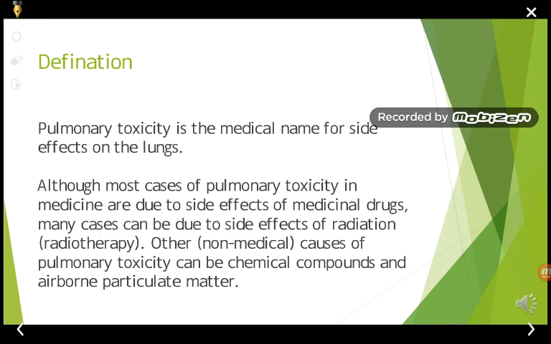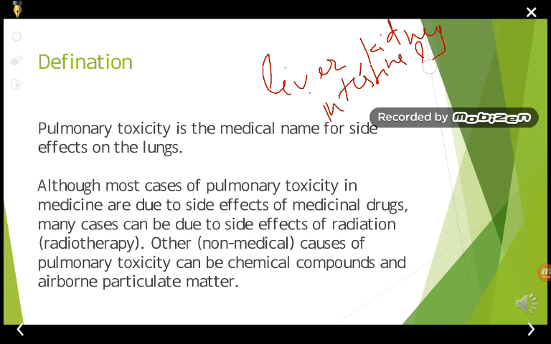You know that our body is able to detoxify foreign substances principally through the liver and other organs such as the kidney, intestine, and lungs. These organs normally detoxify the foreign substances.